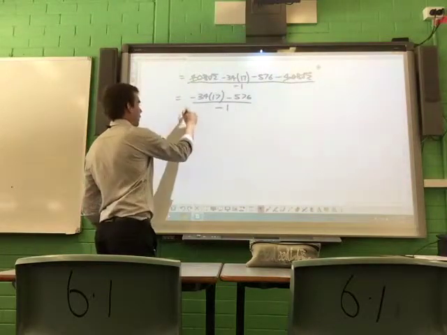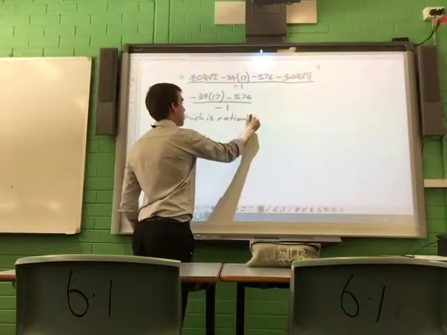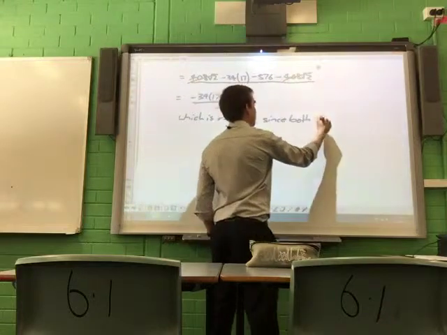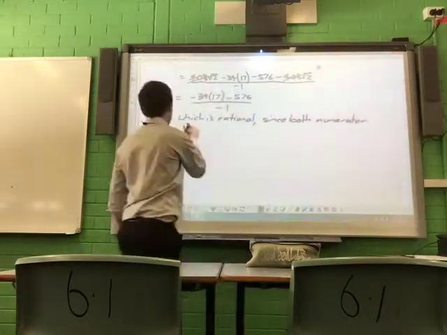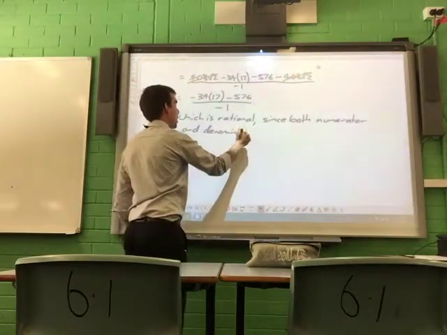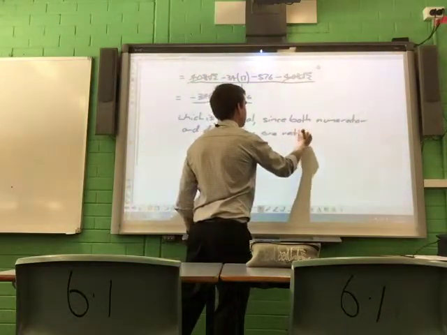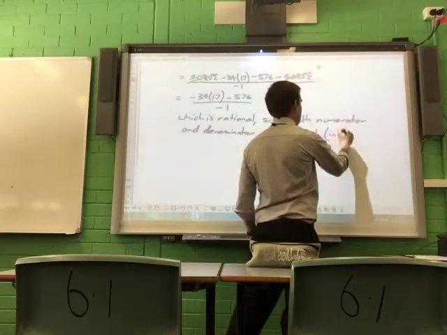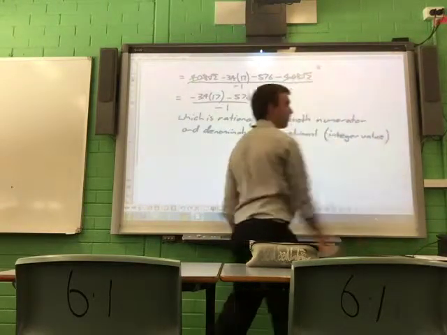Okay, so which is rational: both numerator and denominator are integer values. Okay?